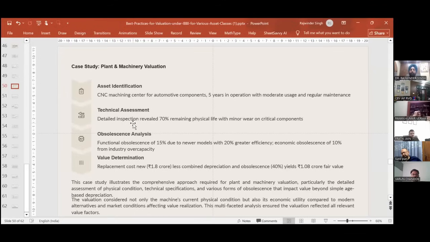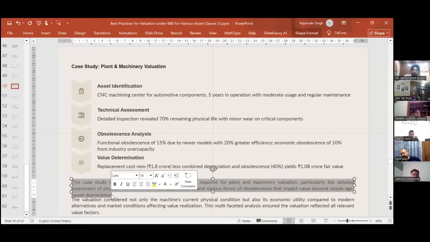So this case study illustrates the comprehensive approach required for plant and machinery valuation, particularly the detailed assessment of physical condition, technical specifications, and various forms of obsolescence that impact value beyond simple age-based depreciation. What we have been doing so far is using only age-based depreciation.